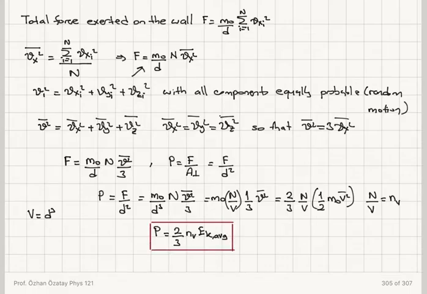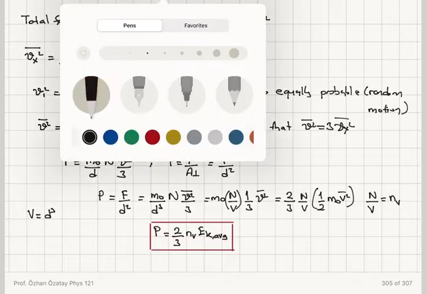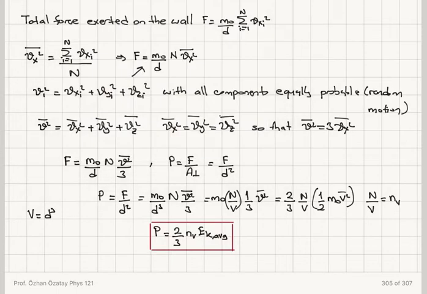So this allows me to calculate the pressure of a gas. So the pressure of the ideal gas is proportional to the number density, the number per unit volume, and the average translational kinetic energy, because it's 1/2 mv squared per molecule.